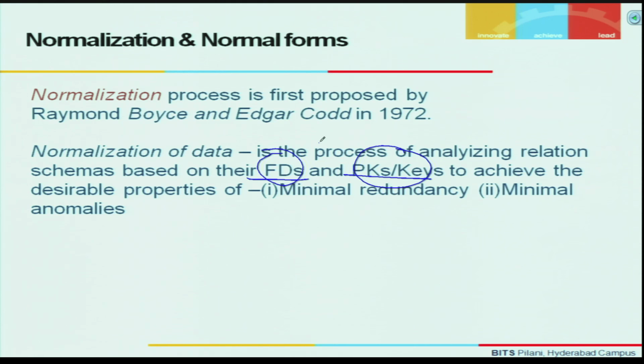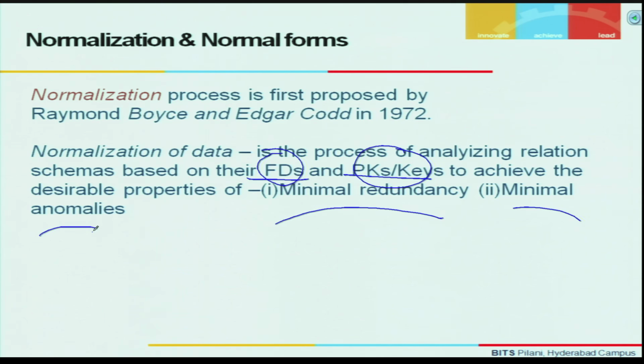So we analyze the relation schemas based on their FDs and primary keys to achieve the desirable properties, which are nothing but minimal redundancy and minimal anomalies. Anomalies means undesirable properties, and redundancy leads to inconsistency. That's why we need to eliminate redundancy, and at the same time we need to avoid anomalies.